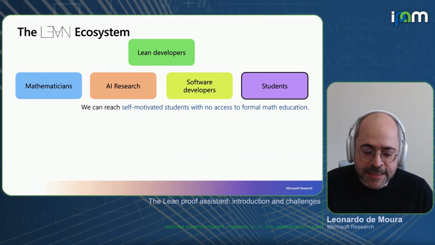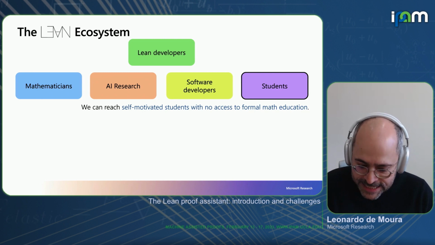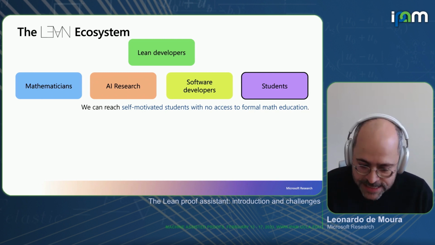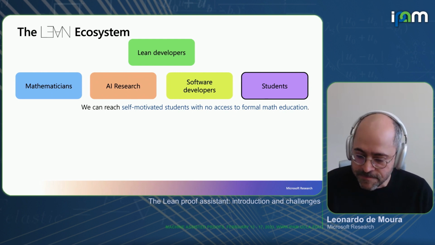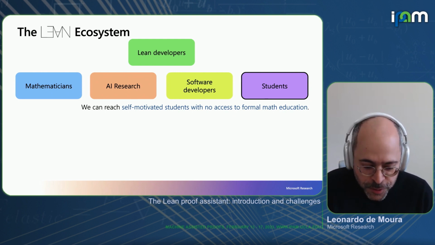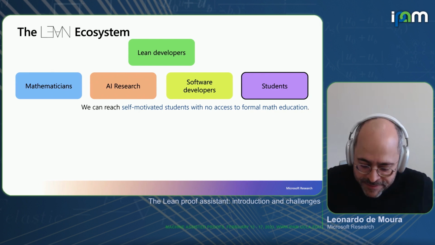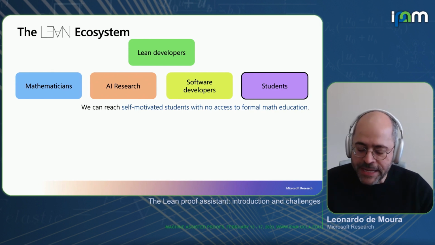The same way we can find kids without formal access to computer science education, they learn to program, they become amazing computer scientists following tutorials, using a playground. For computer science, a playground is a programming language, a compiler, an interpreter. Lean can be viewed as the same kind of tool for mathematics.